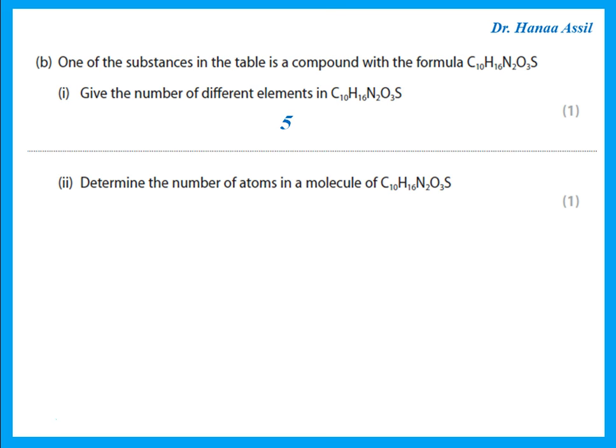Then he says determine the number of atoms in a molecule, the total number of atoms. So you need to add all the atoms. How many atoms do we have? We have 10 carbons, 16 hydrogens, 2 nitrogens, 3 oxygens, and 1 sulfur. So the total number of atoms is 32. Can you see that?